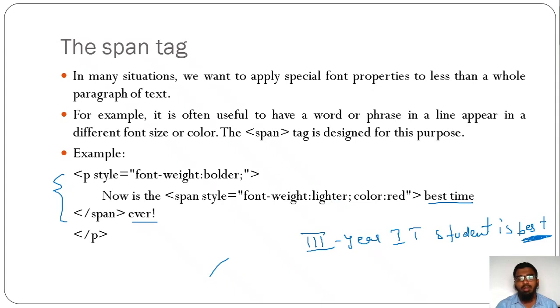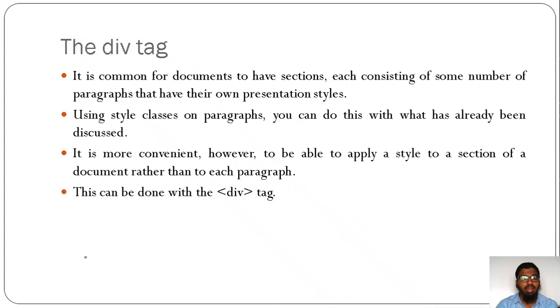So best time will be displayed in red color. Here I need to give the opening tag for the span, and here I need to close the span. Whatever color you want, the text will appear in that color. So this is the span tag.